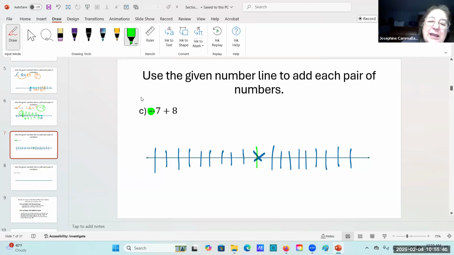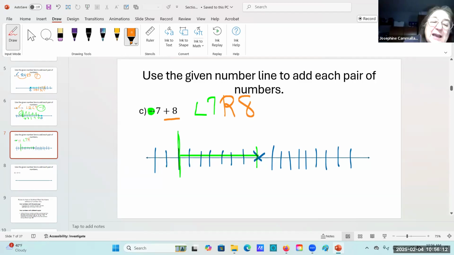Now, this is telling me 1, 2, 3, 4, 5, 6, 7. That means I'm stopping right here. I went left 7. But what is the second number telling me? Right 8.